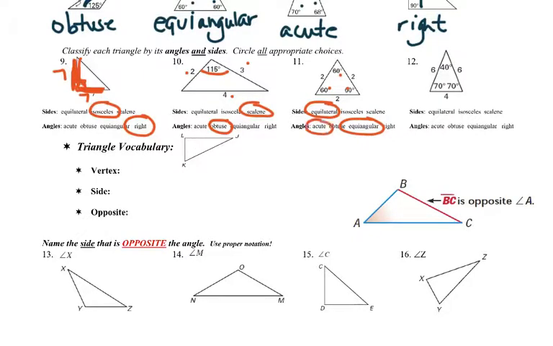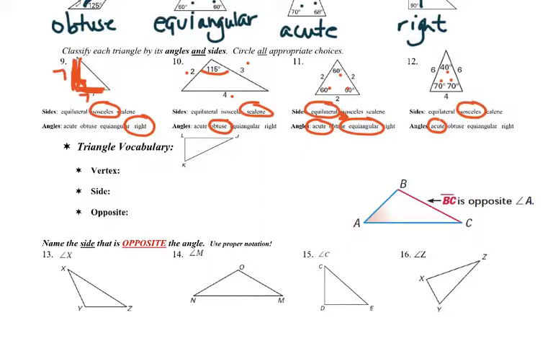And it's also acute because all the angles are less than 90. By the way, equilateral and equiangular always go together. This one is what? It's acute, right? It's also isosceles. Acute and isosceles, yep.